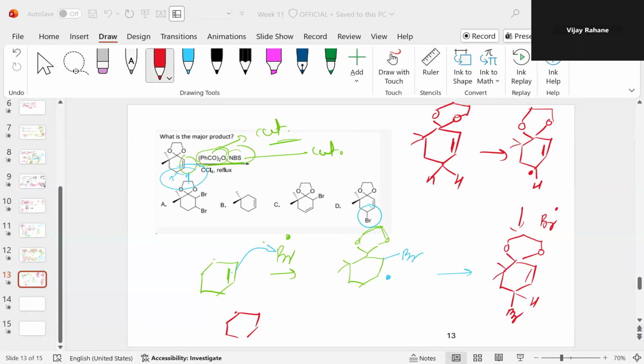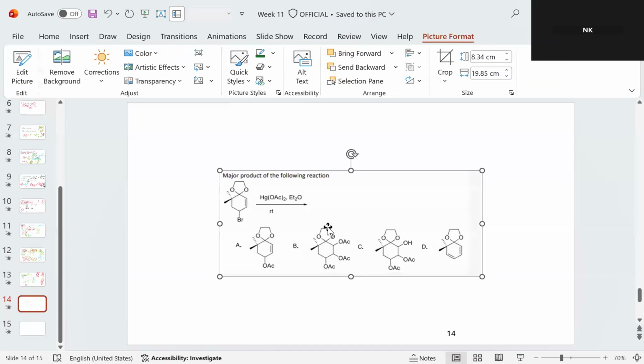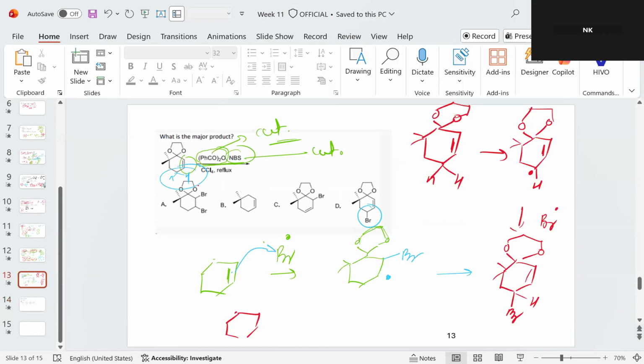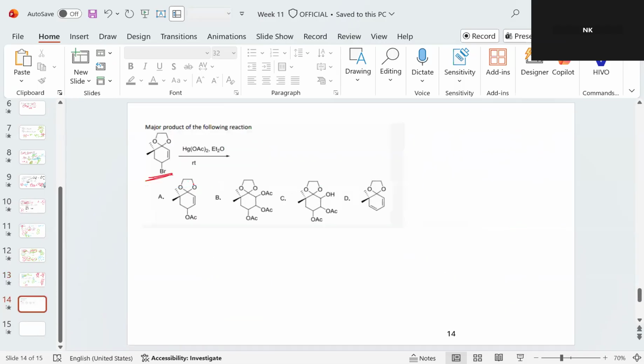So as of now, just looking at the answers in the assignment, answer D is the correct answer, but the mechanism may be as shown here in the red one, because the next question has the same starting material as the answer we got. That's the answer option D that you mentioned. So basically the assignment is a series of questions broken down into shorter versions.